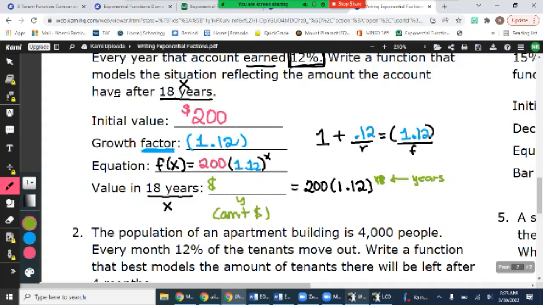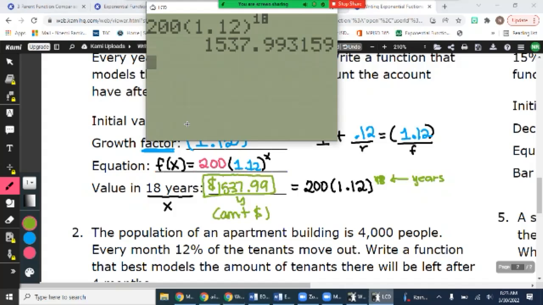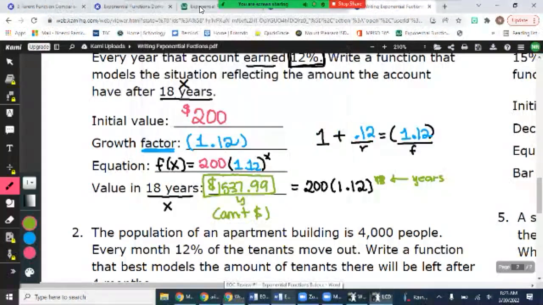So the answer is 1,537.99. I don't keep anything after that decimal. You would not round up in this one because it gives you 0.99 with the 3. The 3 does not round the 9 up. So it does stay as that.